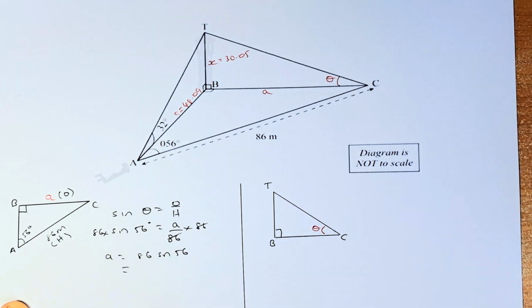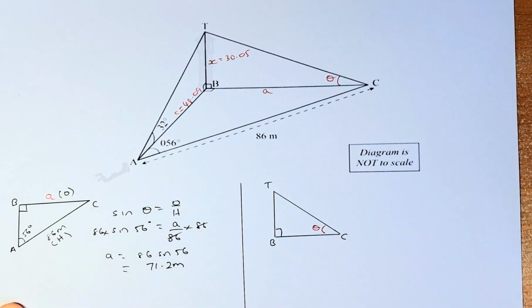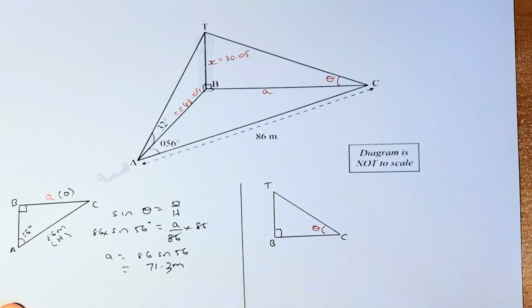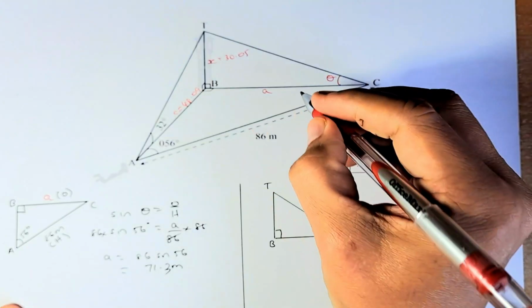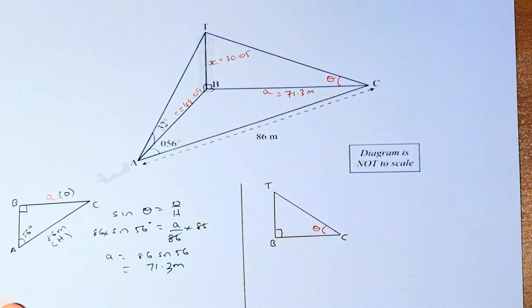Put it in your calculator and the answer is 71.3 meters. Sorry, 71.3 meters. So A is 71.3, and we put this number in the triangle.